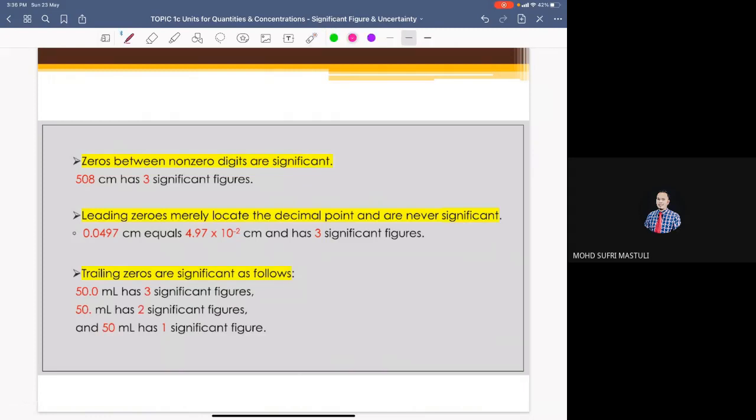For example, 0.0492 can be written as 4.92 times 10 to the power minus 2. So this is 3 significant figures. Why 3? Because the zeros are not significant, they are leading zeros, and we only count 1, 2, 3.